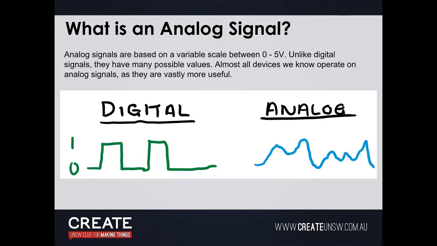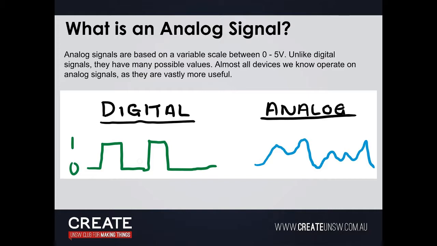That's just knowledge that you could know. We'll get to a little bit more detail about that as we go along. But when we deal with analog signals, it's going to be on a variable scale, which means that now we can have 50% output. We can have 25% output. We don't have to have exactly 100% or 0%.